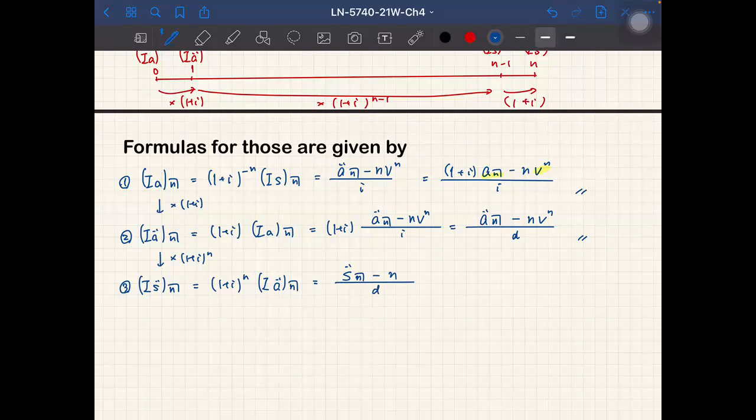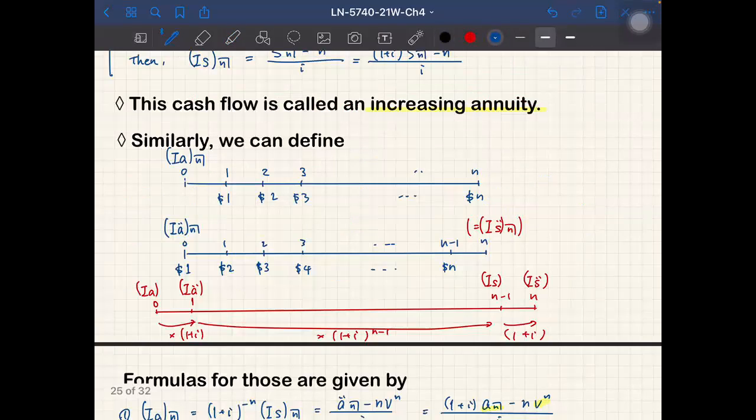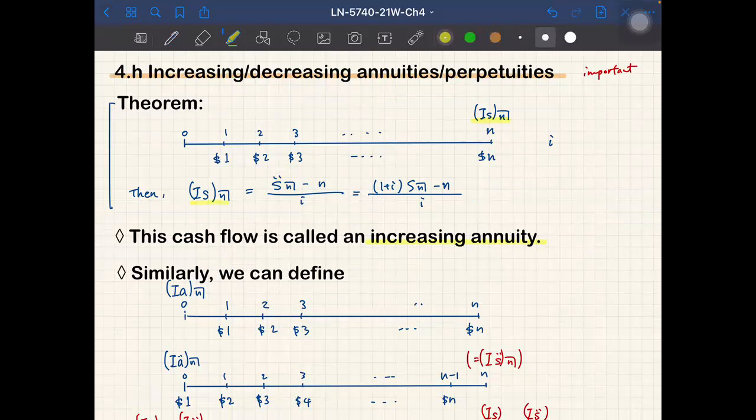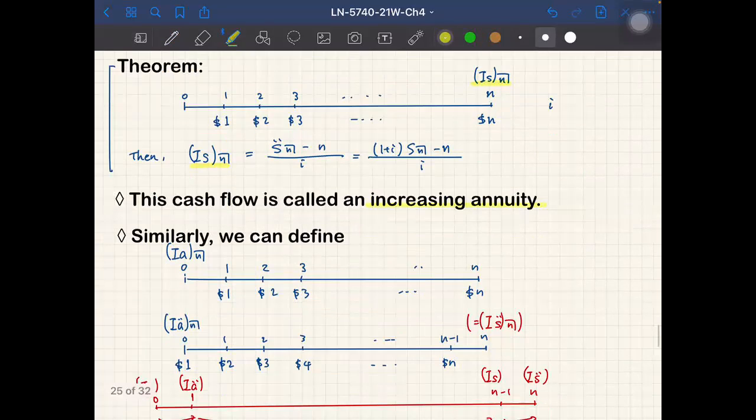The ä becomes s̈ since we accumulate n years of interest, and the vⁿ disappears when we multiply by (1 plus i) to the nth power. Okay, so now we proved the theorem. The expression for (Is)‾n is simplest, but also the proof is most straightforward.